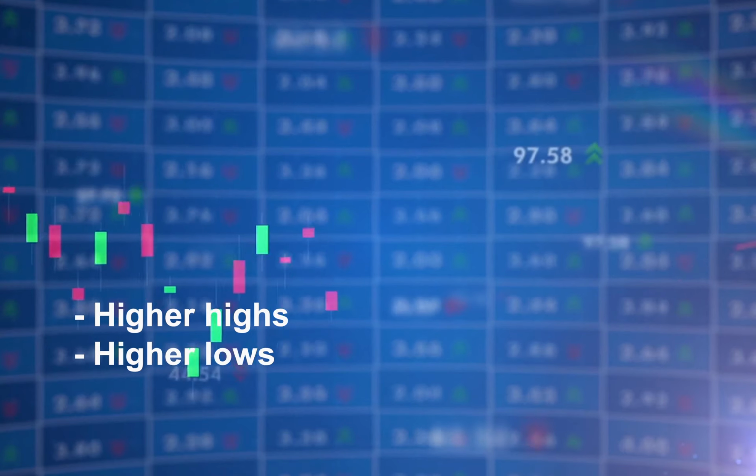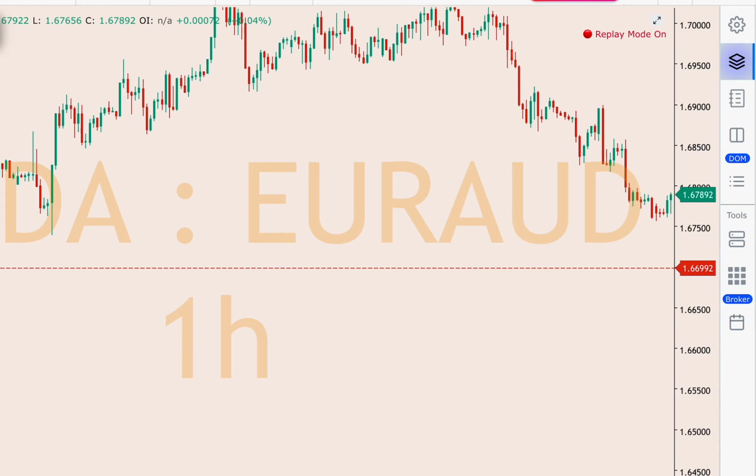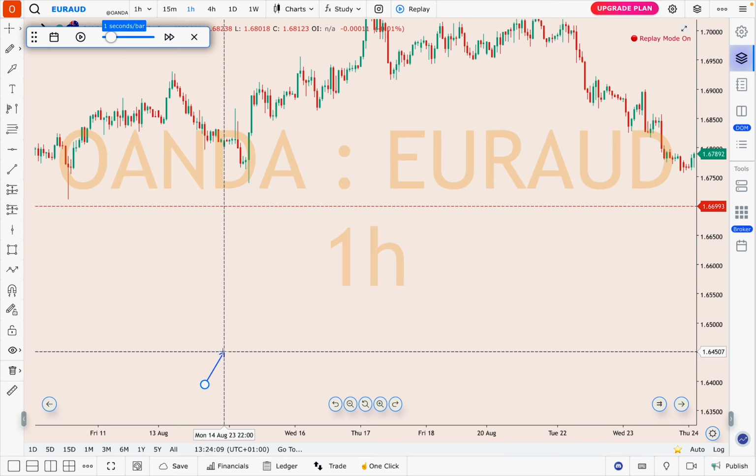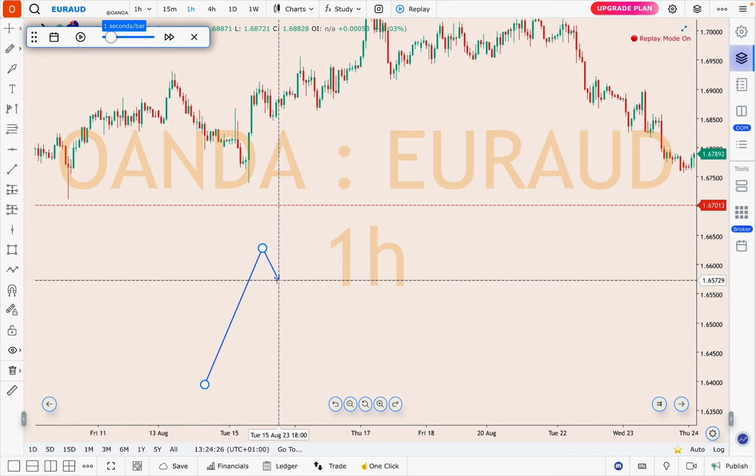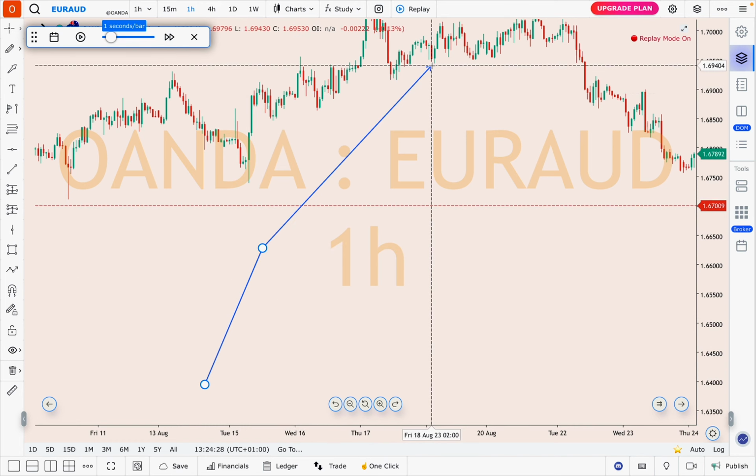What do I mean by higher highs and higher lows? Remember, a trend is used to describe the overall price movement of a currency pair or any asset. So for an uptrend, the overall movement is towards the upside. But on its way to the top, price will not just continue to go up and up like most people believe.